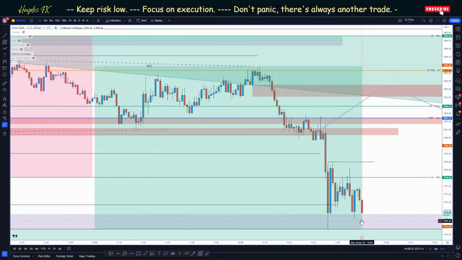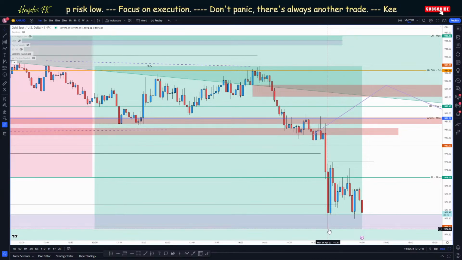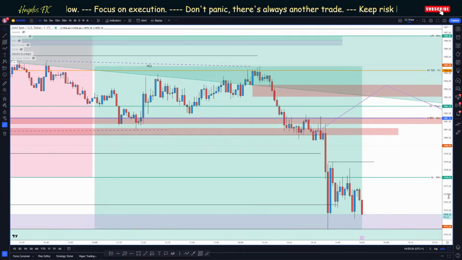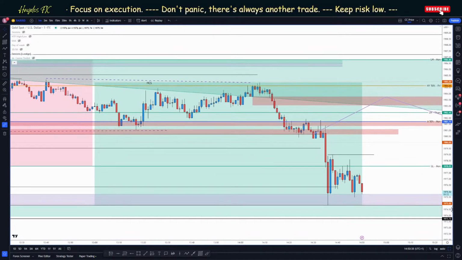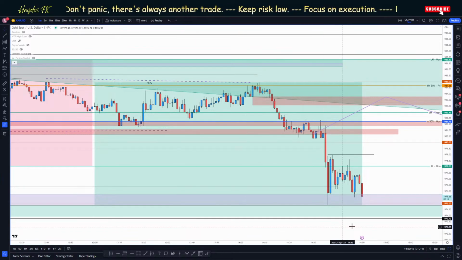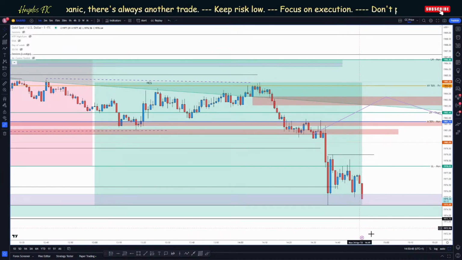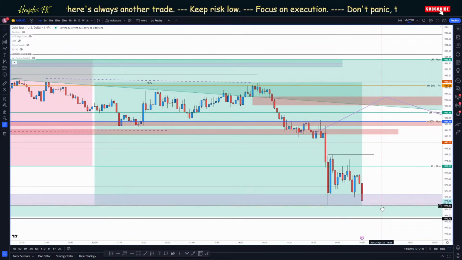I can tap into the zone a bit. I just want to see it do a full retest of the low. I know there's another 15-minute candle as well, even lower. There we go.